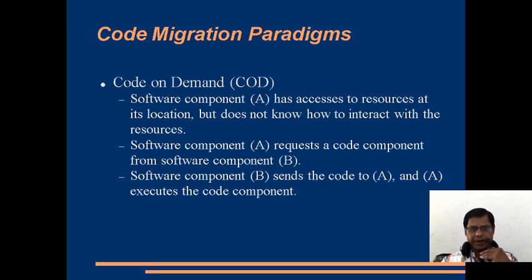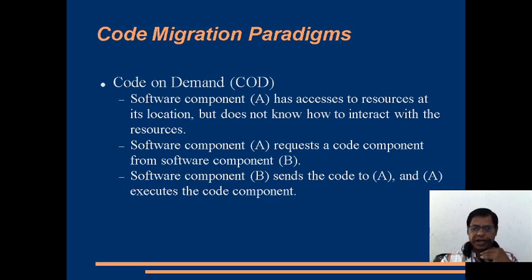Code on demand. Software component A has access to resources at its location but does not know how to interact with the resources. See, A has the resources, but doesn't have the understanding of how to use them.